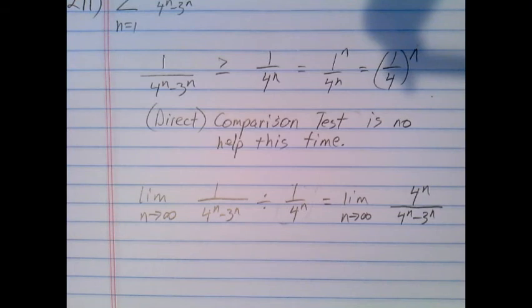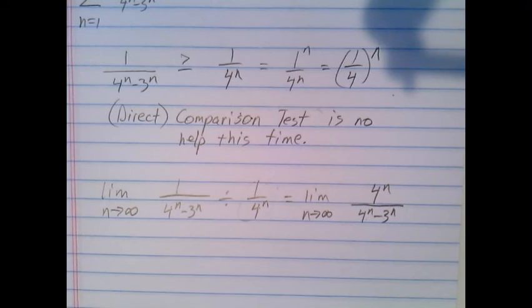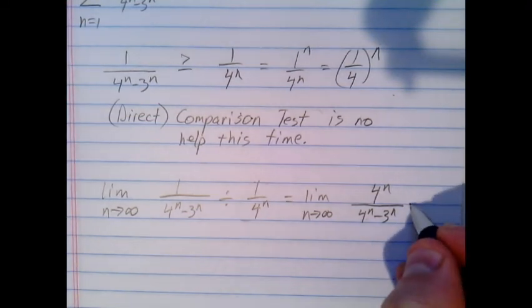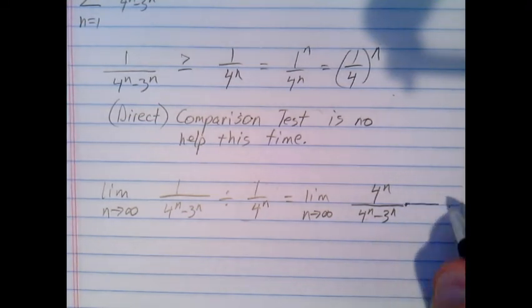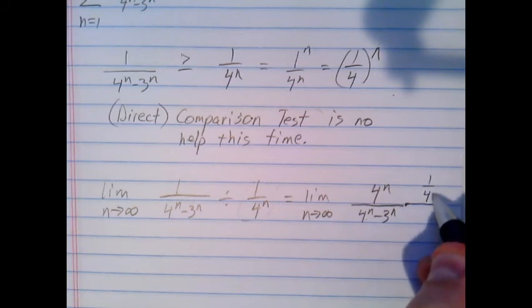Alright, now here I can't really use that rule about comparing the degrees, because that really only works when the degrees are constants. But I can use a little bit of algebra here. I'm going to multiply the top and bottom by 1 over 4 to the n.